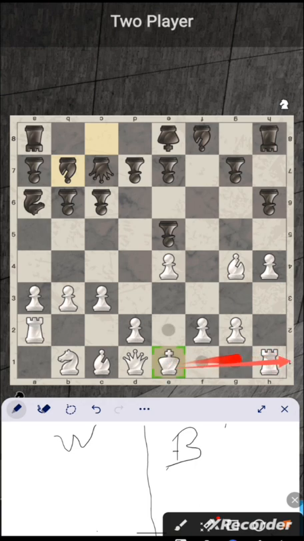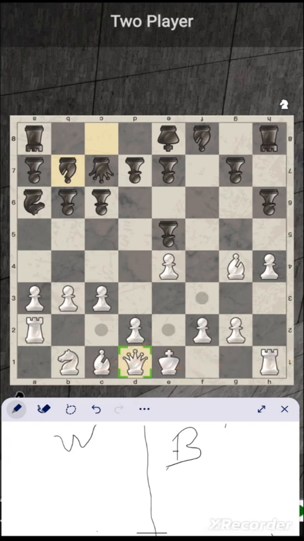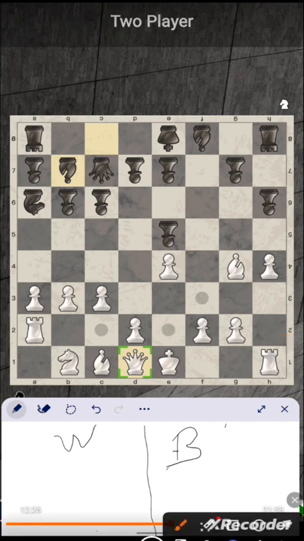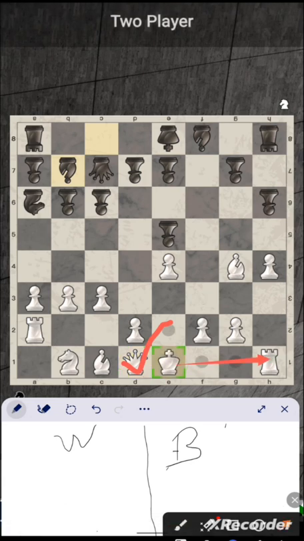White will move his king opposite to the square of the queen. So this is the queen, and if white moves his king against the square of his queen, it is known as king side castling.